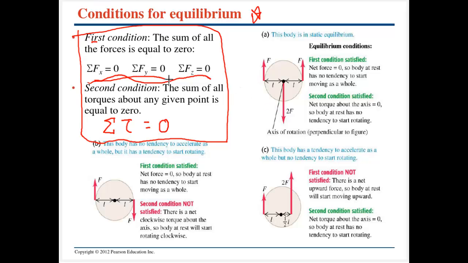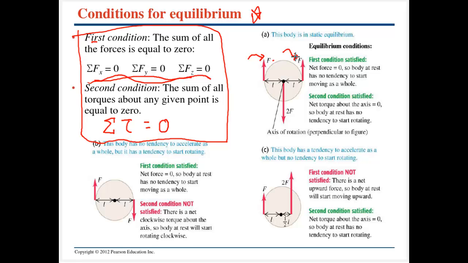If I look at the torques, this force is going to apply a torque, which is going to be that force multiplied by that distance L, and it's going to be a negative torque. It's going to be in the clockwise direction.